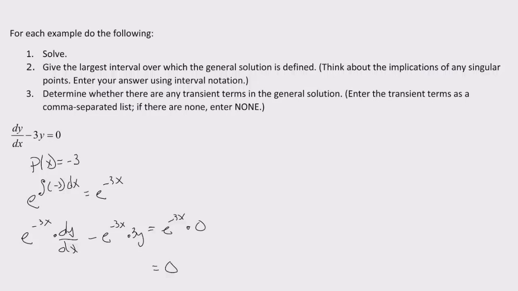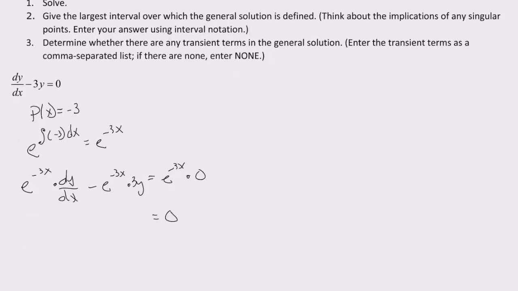On the left side, if we did this correctly, then we should be seeing an illustration of the product rule. So then this would be the integral of d dx of e to the -3x times y, dx.